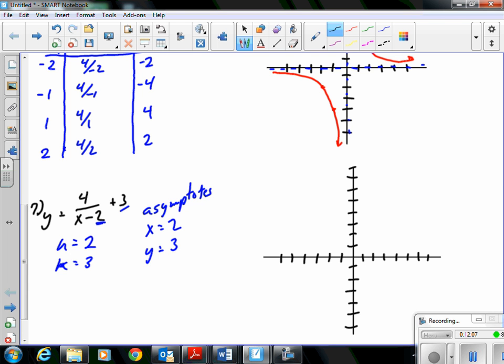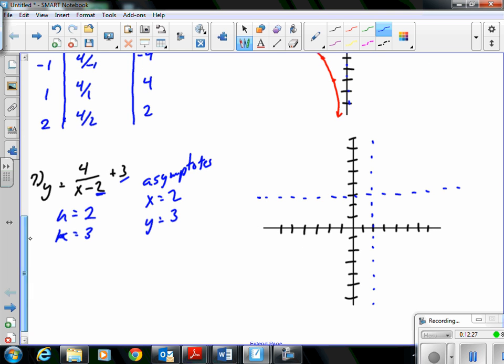So if I put my asymptotes into place at x equals 2, I got a vertical asymptote there, and y equals 3, horizontal asymptote there. So to pick my x values with my asymptote at positive 2, I'm going to use 2 to the left and 2 to the right.